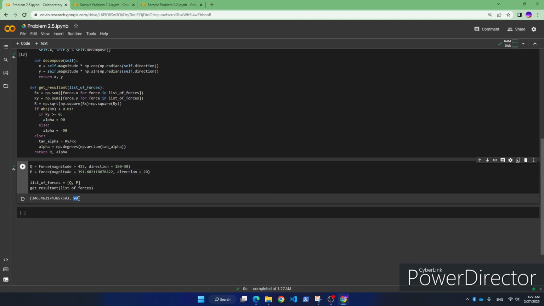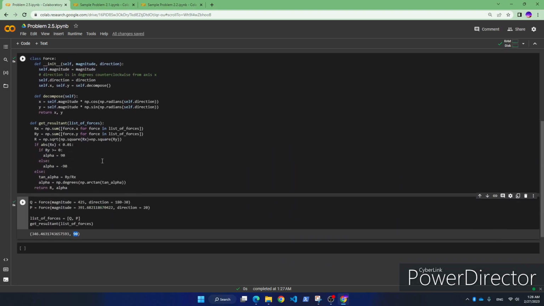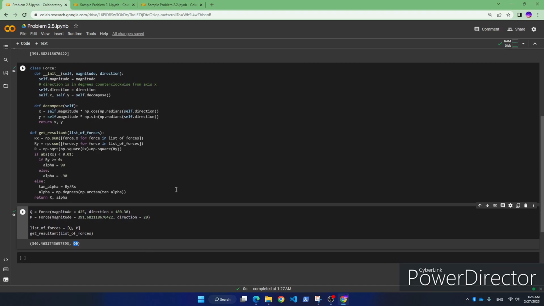So in degrees, we will have 90, the resultant. Of course, we know that our assumption was made so that the resultant is vertical. But this is how we fixed our current algorithm to account for that. We might need to adjust a lot of things in the future. However, just for now, this solution worked for us, right? So this is one way to think about it. Okay, thank you. And this was problem 2.5.